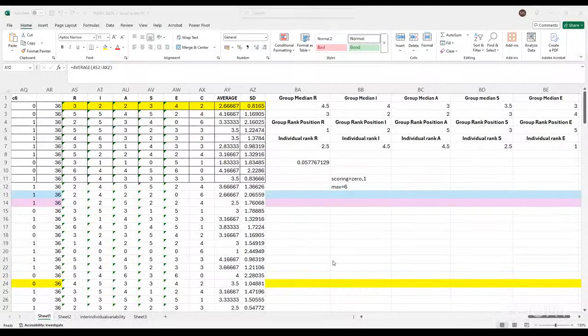So before that, they need to know about the Spearman and rank positions. Yeah, definitely. So we have to first go to the Google Classroom, no? Yeah, Google Classroom.